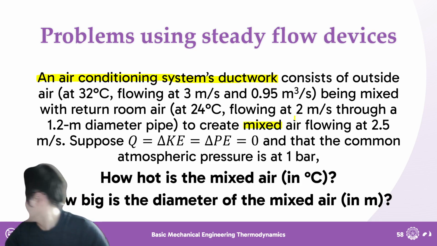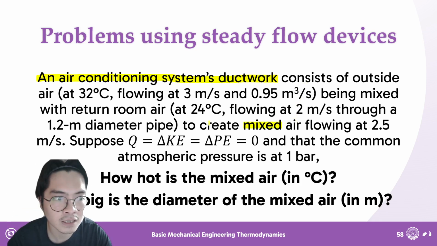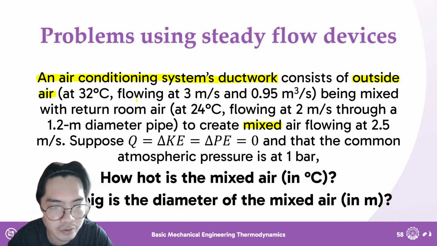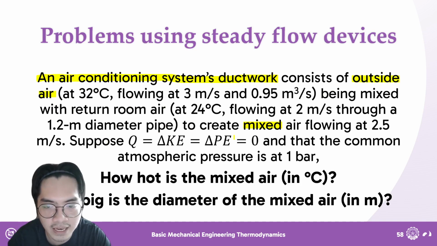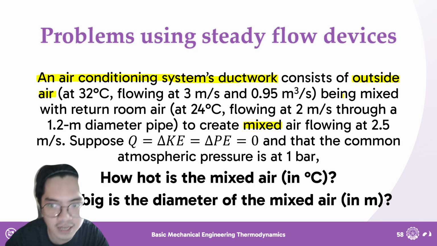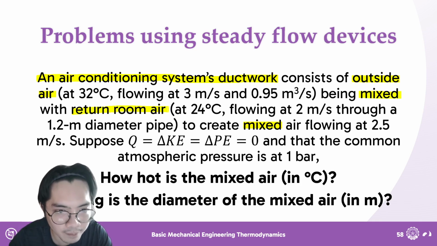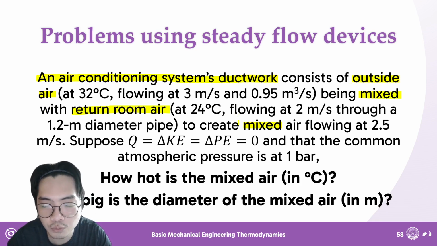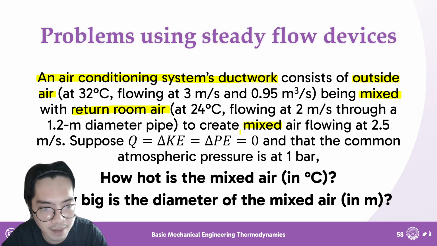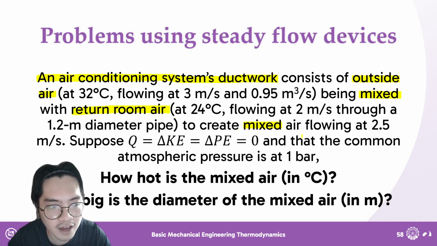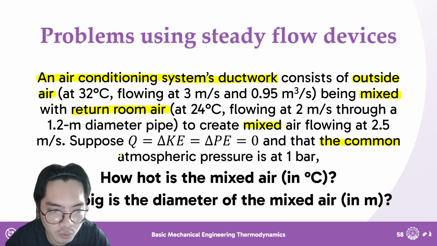It consists of outside air at 32 degrees Celsius, flowing at 3 meters per second and 0.95 cubic meters per second, being mixed with return room air at 24 degrees, flowing at 2 meters per second through a 1.2 meter diameter pipe to create mixed air, flowing at 2.5 meters per second. The common atmospheric pressure is 1 bar.